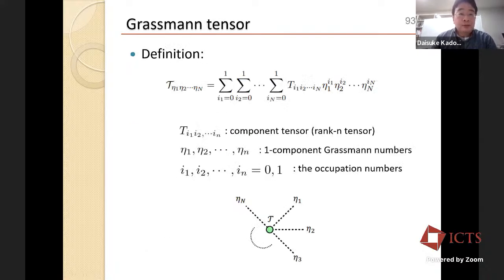So, firstly, let's define the Grassmann tensor, which is used in the Grassmann TRG method. As I mentioned several times, the tensor index is basically the field variable. Also in the case of fermions, the tensor index is the Grassmann number.